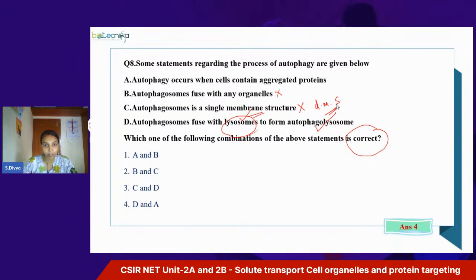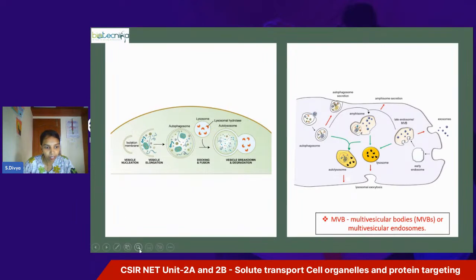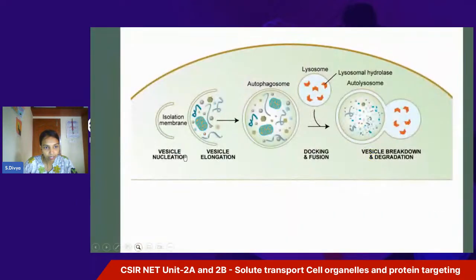If you see this image, this is vesicle nucleation. Vesicle nucleation means vesicles are being constructed, that is, the membrane is being constructed. Then vesicle elongation, and finally a complete organelle, which you call an autophagosome, which fuses with the lysosome.